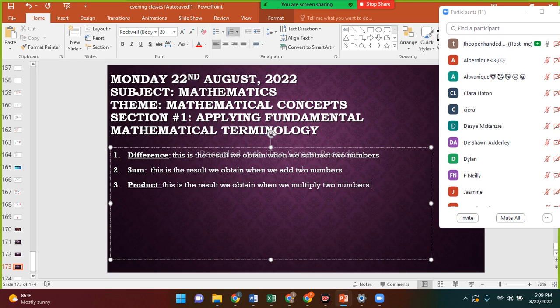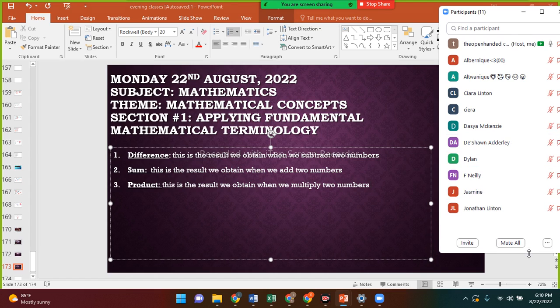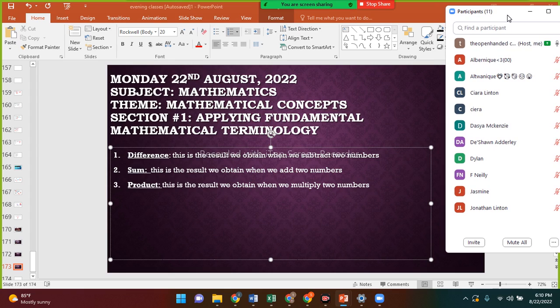I hate to say two numbers, but numbers in general, because even if it's more than two, you still call the answer a product. So we have sum, difference, and product. These are the definitions.